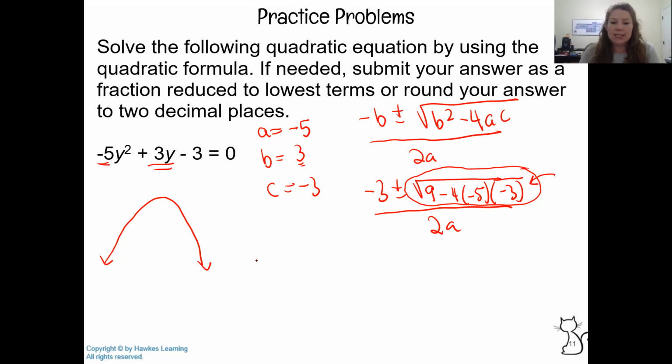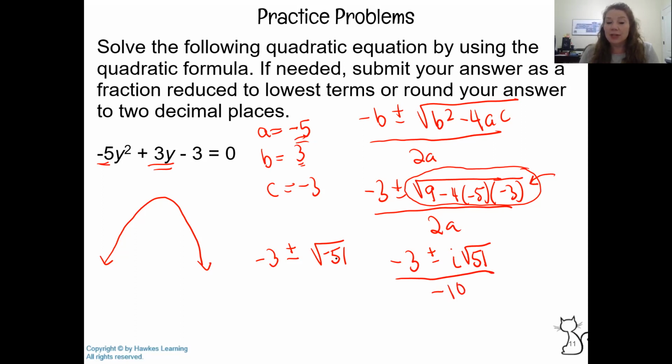So we're going to say that -3 plus and minus, remember the square root of -1, I'm sorry, a negative number. So in this case, it's -51. So first of all, can we break 51 down? No, we can't. All right, so we're going to say it's -3 plus and minus I square roots of 51 over 2 times -5 is -10.